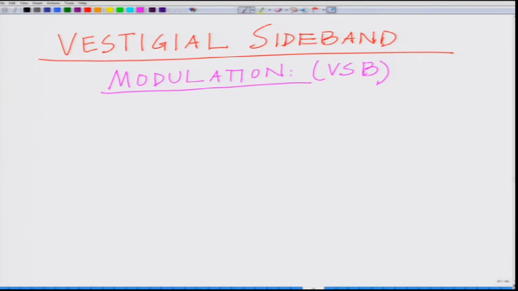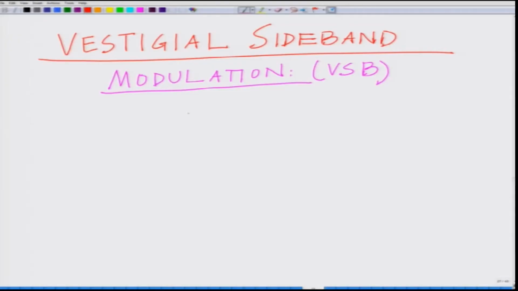And we have already seen the motivation for vestigial sideband modulation, and that can be expressed as follows. Let me just remind you again why we need it. Let us consider a message signal m(t).